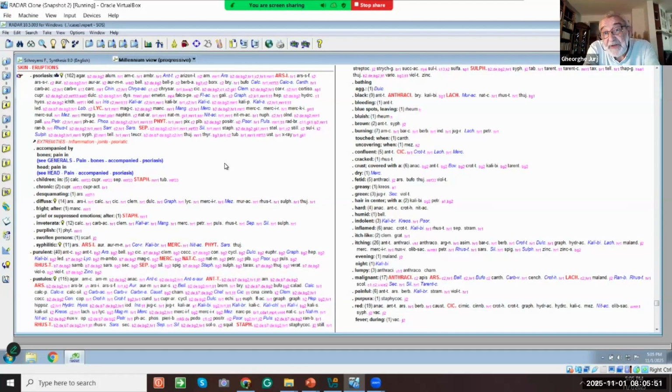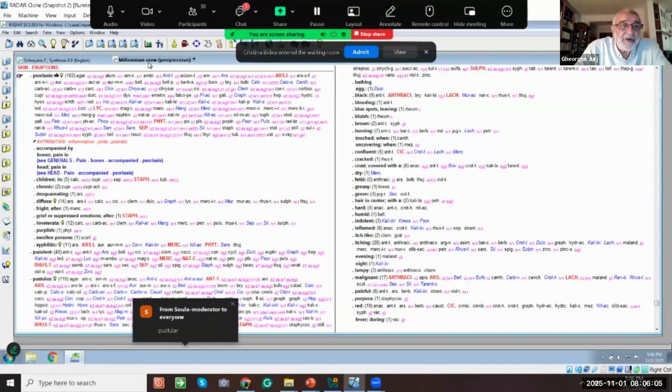It is the most serious form of psoriasis, and it is the only kind of psoriasis that kills people. It's missing. Simple as that. Pustular or pustulosa, okay. Thank you, very nice.